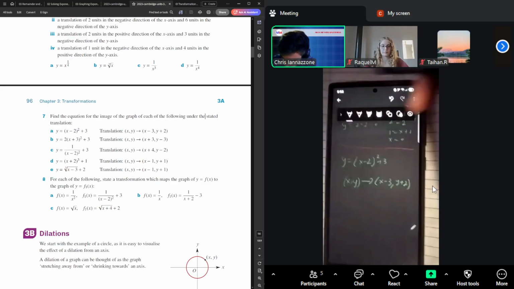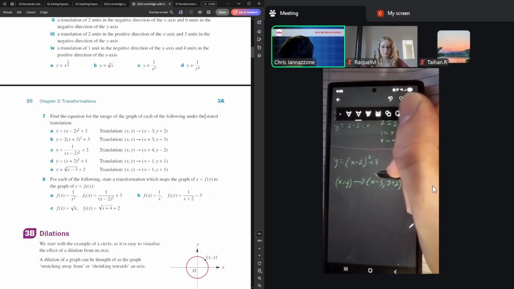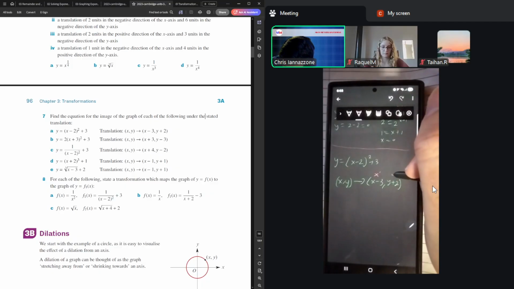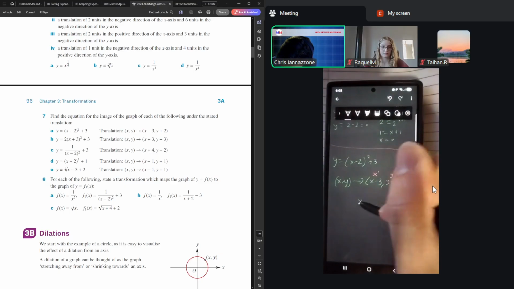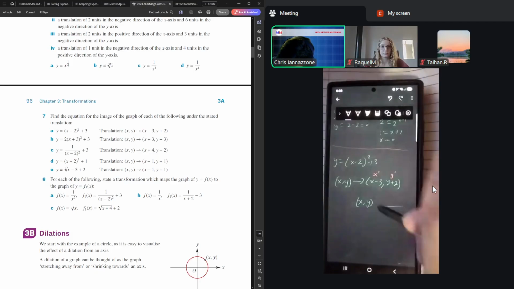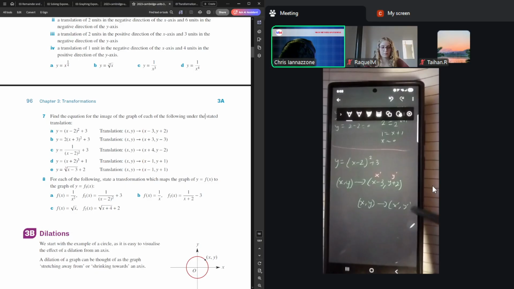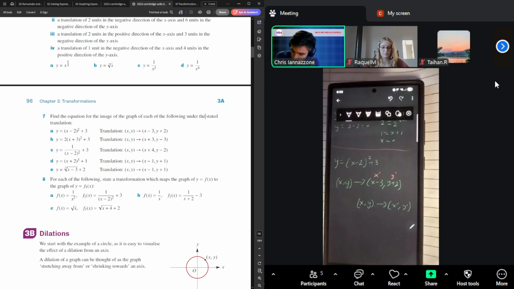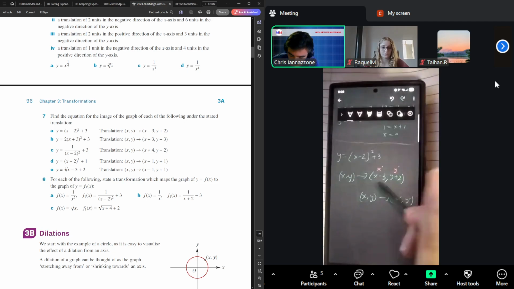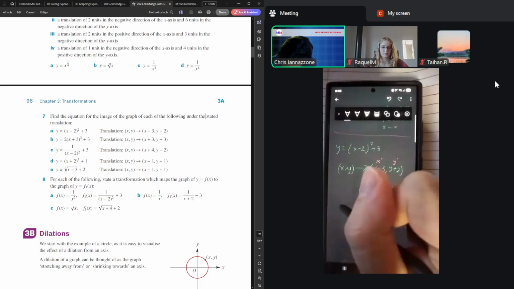Anyway, okay, cool. So one of the recommendations I can say here is noting that this is your x dash and y dash. So any set of transformations can be described by saying the following: xy maps to x dash y dash, where x dash and y dash are the new x and y. So this statement here says x dash is x minus 3 and y dash is y plus 2. That's what that actually tells us.